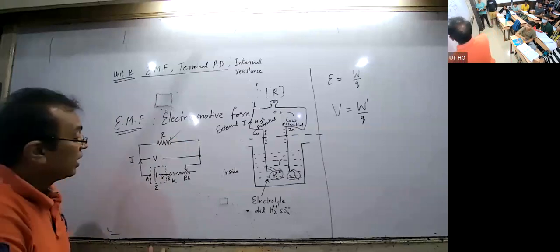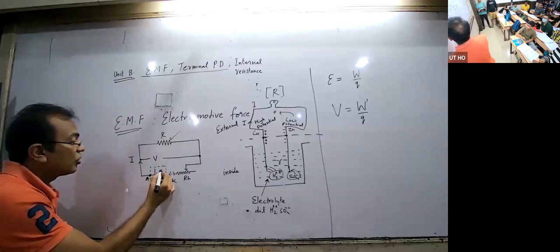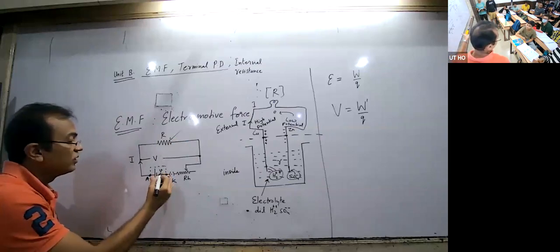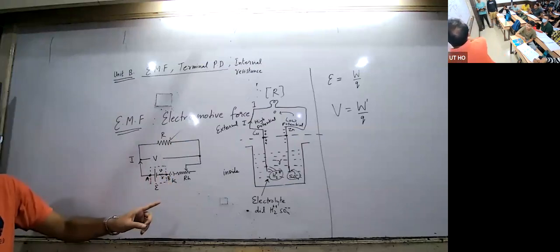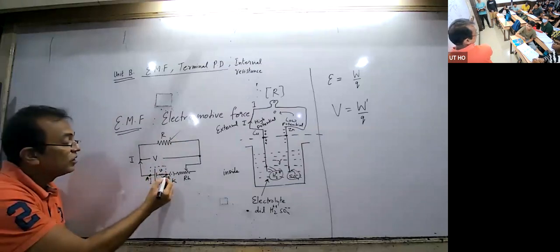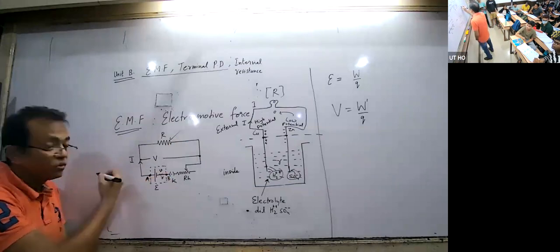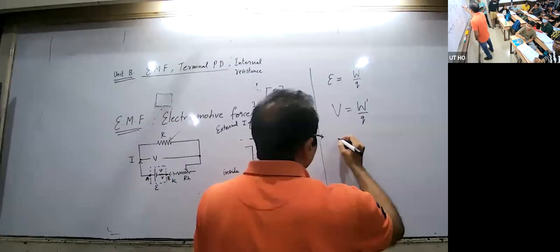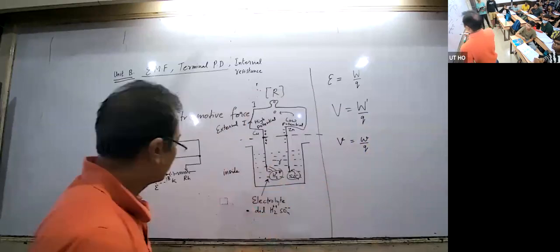And there is a small potential drop, let's call that small v, because there is a resistance inside also. So whatever is the work done in taking a unit positive charge between B and A through the cell is called the potential drop. This is a small work done.